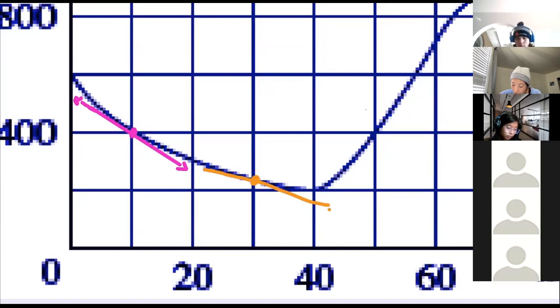Because I'm just thinking about the immediate area right around x equals 30. I don't care what happens at 40 or 50 or 60 or 20. I want to think carefully about what's happening at x equals 30, as close to 30 as I can get.